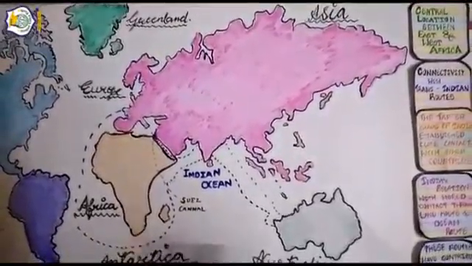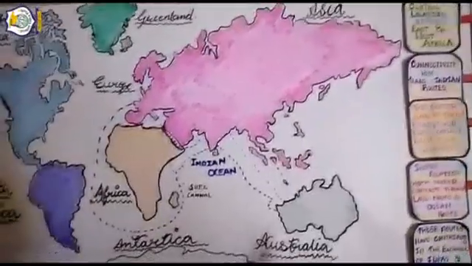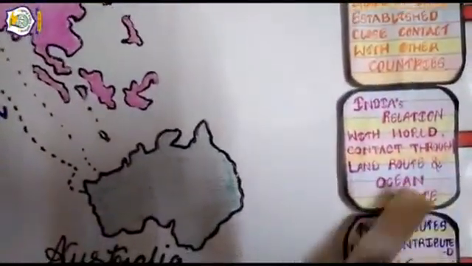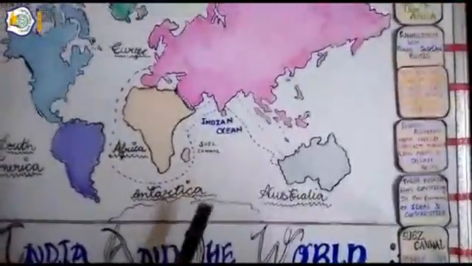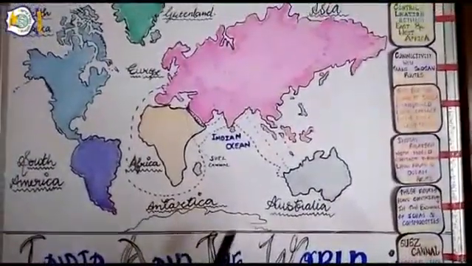Now, moving to another important fact, India's relation with the world through land route and ocean route. India's relation with other countries through land route is much older than the maritime. Maritime refers to sea route.